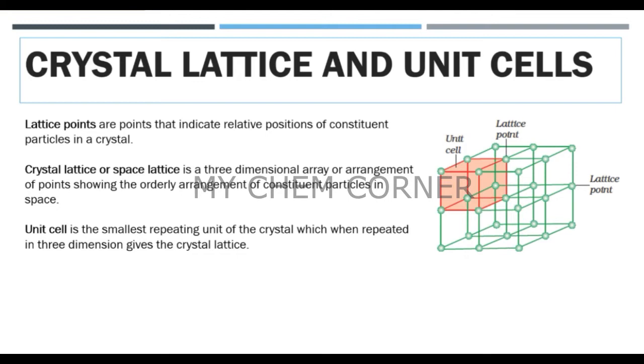So you should know what these terms actually mean. Lattice point is the point which indicates the position of the particle. Crystal lattice is when we have these lattice points in a 3-dimensional arrangement. And when each of these units repeats, creating an entire crystal, the repeating unit is called a unit cell.